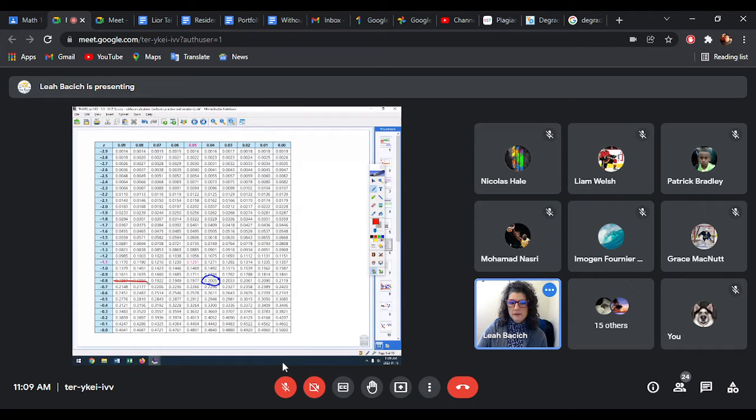Now, it's negative 0.84. So for this one, it's negative, excuse me, 0.84. If I put my negative in there, I'd be all set. So that's the Z score I'm going to use.